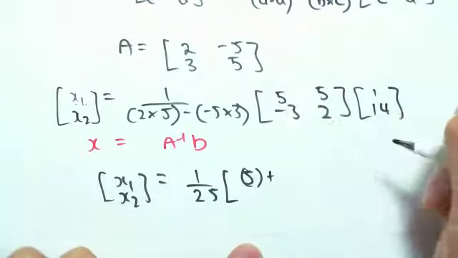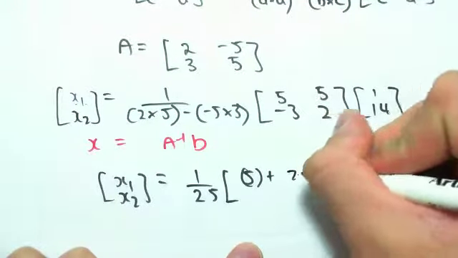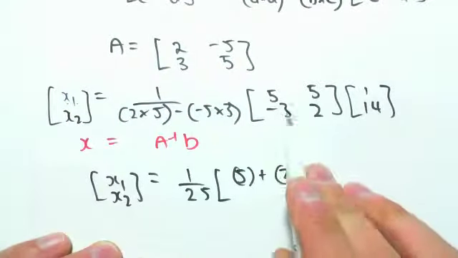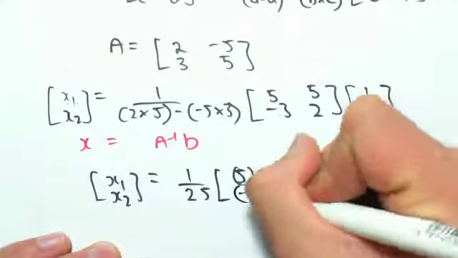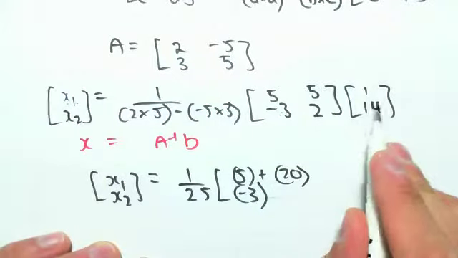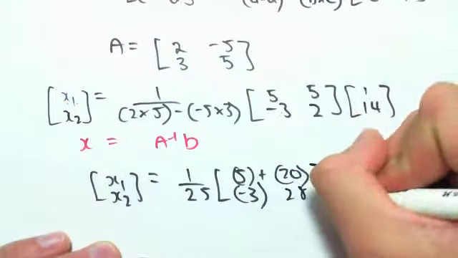So 5 by 14 is 70. This one here would be minus 3 by 1, so minus 3, plus 2 by 14, which is 28.